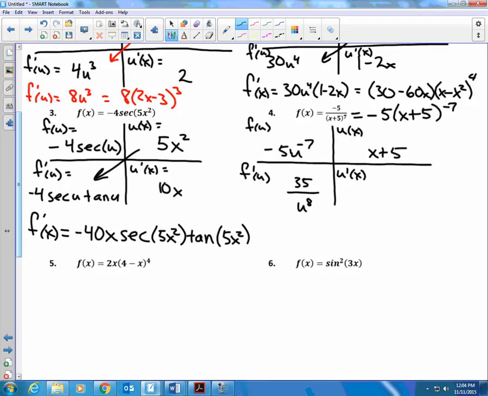Or 35 over u to the 8th. And then what's the derivative of x plus 5? 1. We multiply those together, the bottom two. We get f prime of x is equal to 35 over x plus 5 to the 8th power.